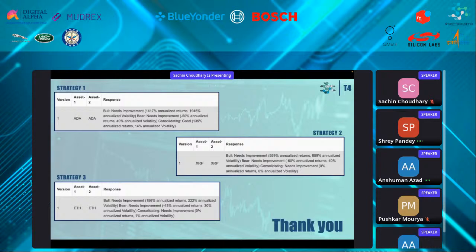For ADA, it is more of a coin that has exploded in the past, so 14-17% is fair. And for ETH, 156% annualized returns is not that good. But overall, I like the indicators and approaches that you used.